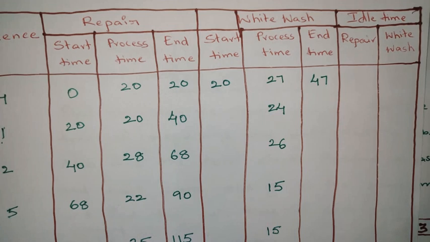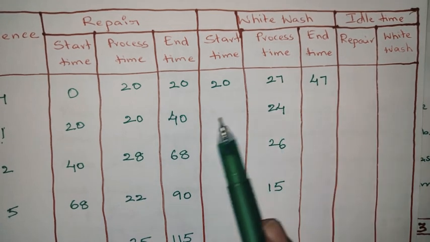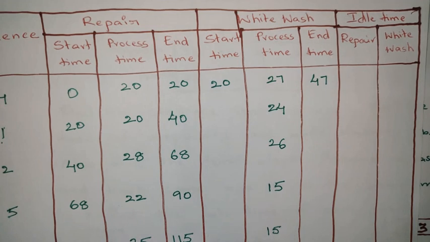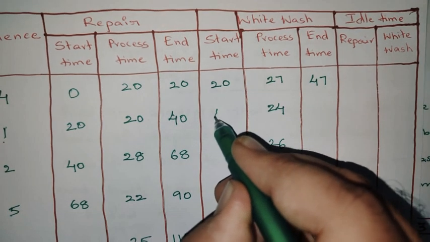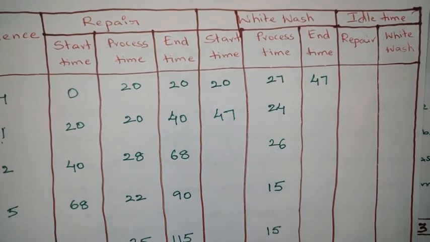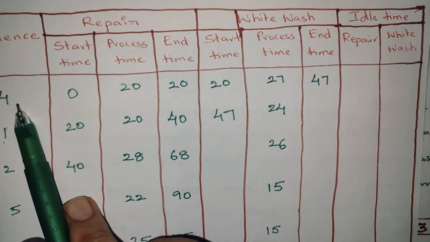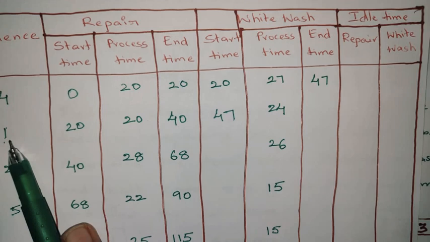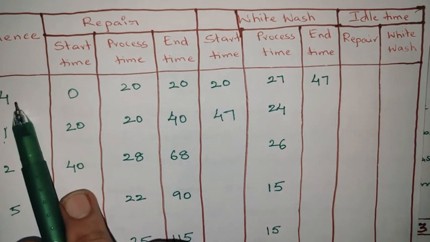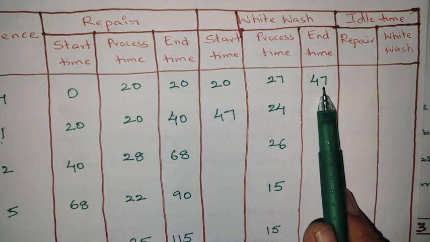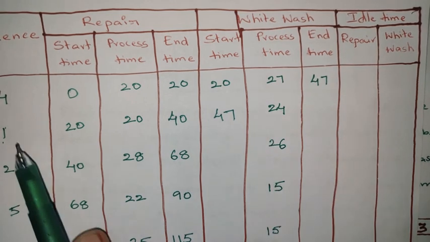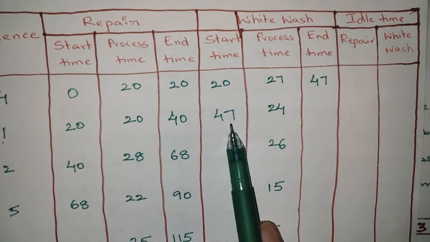Next, I already told you in the first problem the simple technique. In these two values, whichever is higher, write that. Or otherwise, if you want to put it in a conceptual way, after completing the fourth floor, we are coming to the first floor. The fourth floor is completed at the 47th hour, so we are coming to the first floor by the 47th hour.